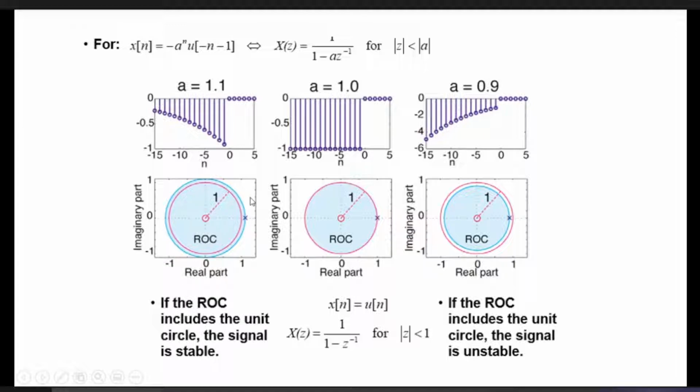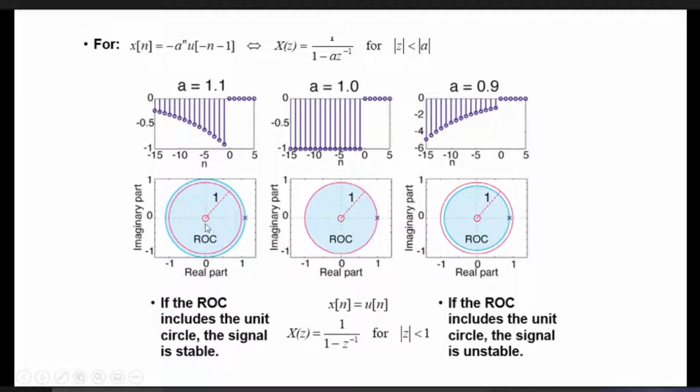Now the ROC exists within this region. This is also shaded in a very light blue color. This one is also ROC. Now here the unit circle is within the ROC. Unit circle is within the ROC of this anti-causal sequence.